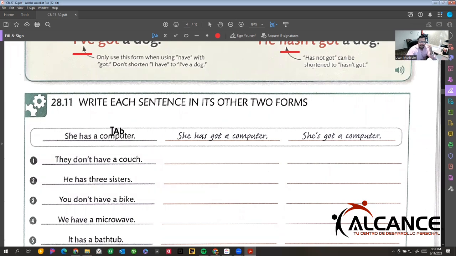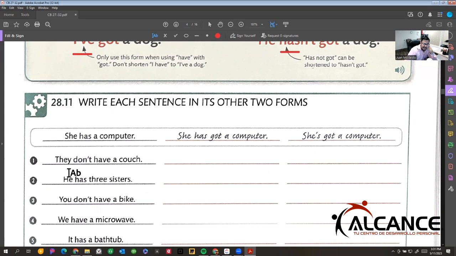Okay, in this one, vamos a poner escribir cada oración en sus otras dos formas. Write each sentence in its other two forms. So right here, it says she has a computer, she has got a computer, she's got a computer.